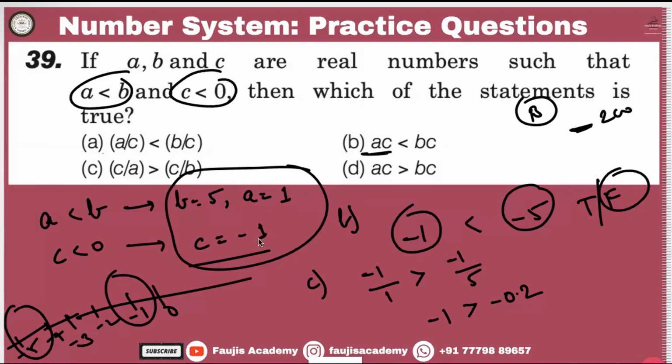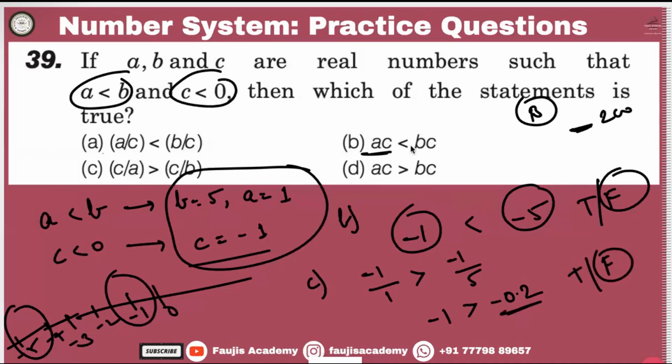Oh, okay, sir. Right, I have assumed -1 over here. So -1 is less than BC. BC means 5 into -1, right? So -1 greater than -0.2, true or false?